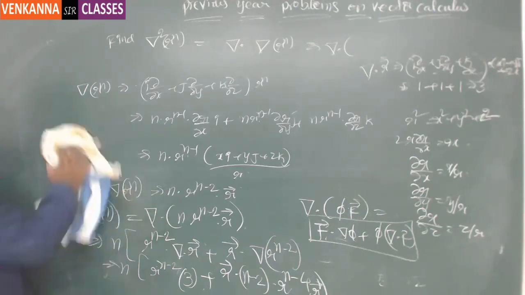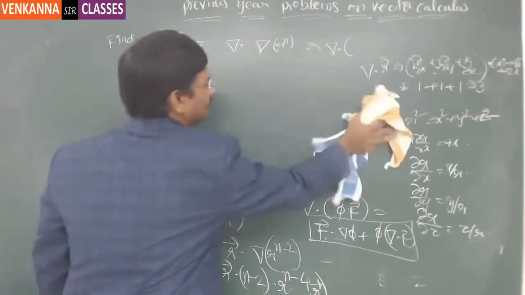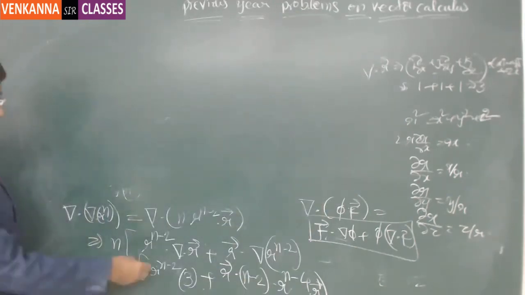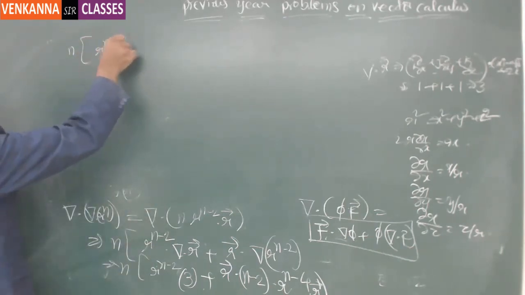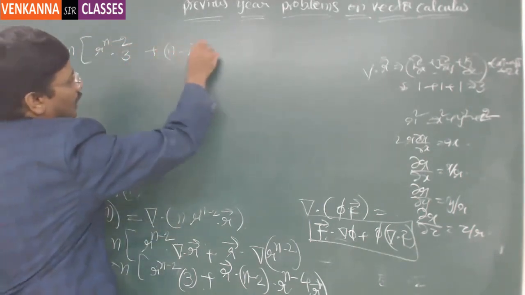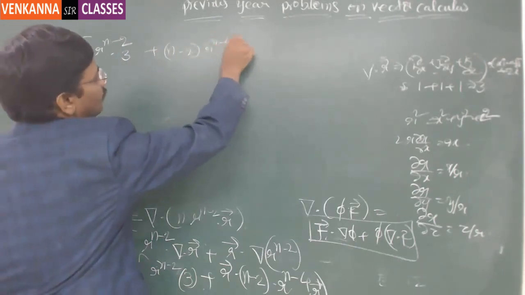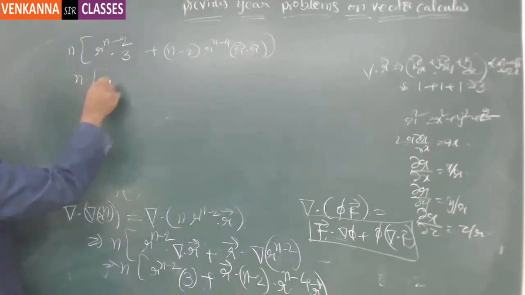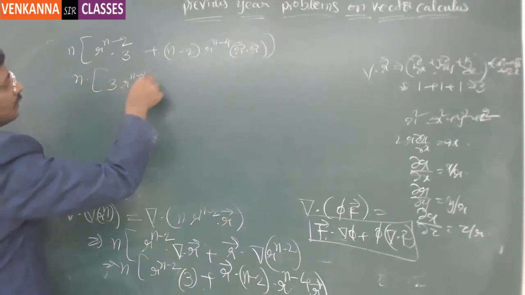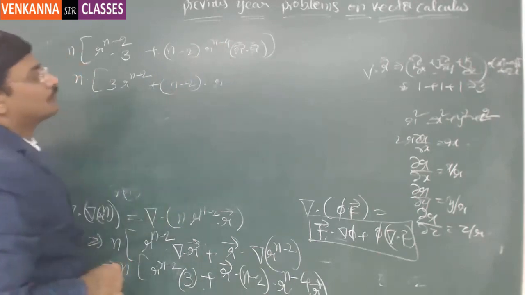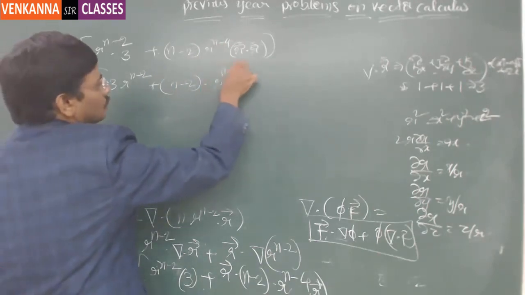Okay. So once you got to this point, this value is going to be n outside, then r power n minus 2 into 3 plus n minus 2 into r power n minus 4 into r bar dot r bar. So r bar dot r bar is r square. Now this is n into 3 times r power n minus 2 plus n minus 2 into r power n minus 2.